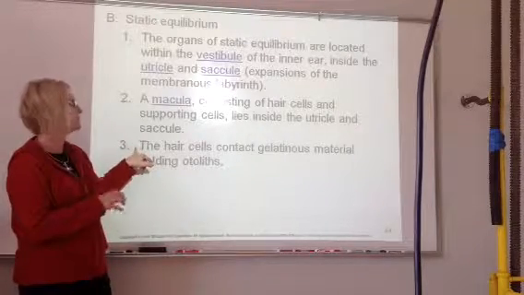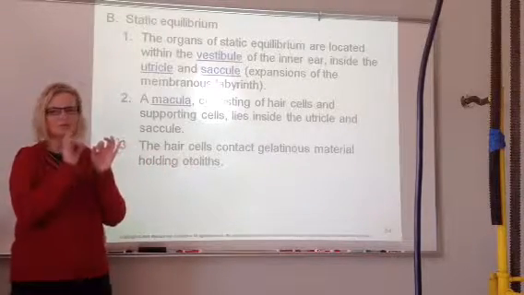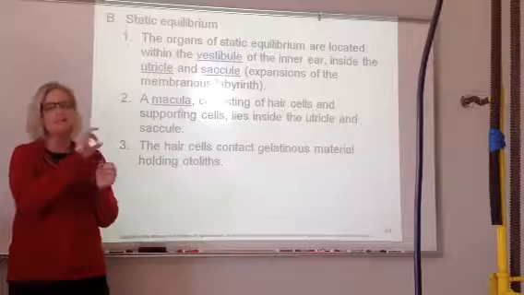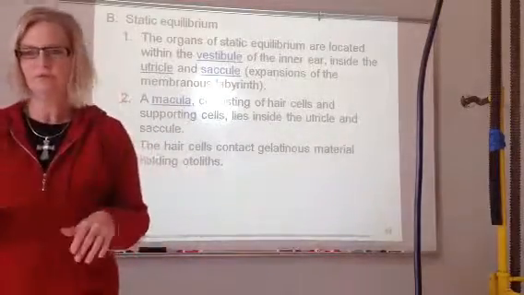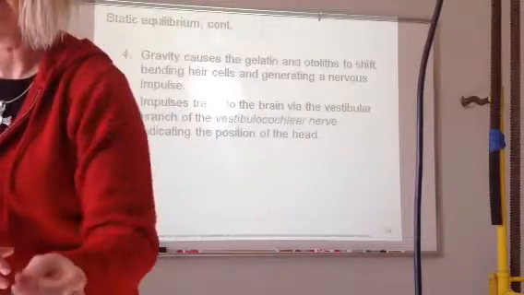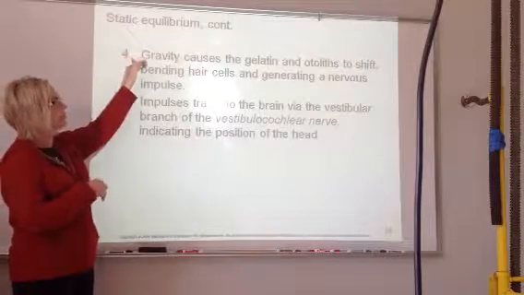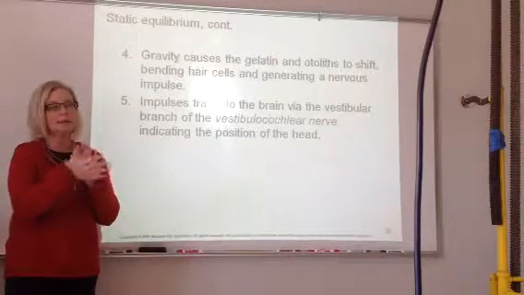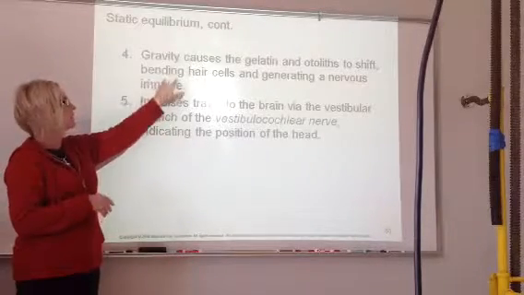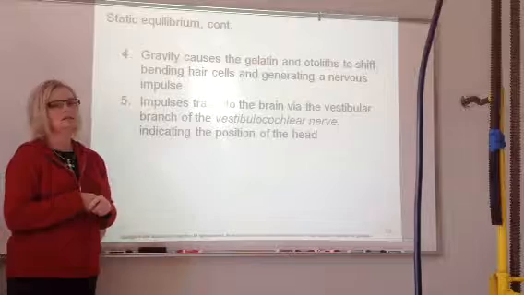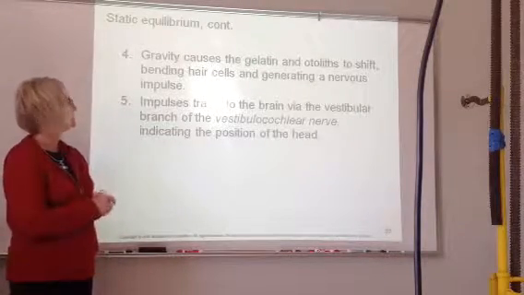The hair cells contain material called otoliths. They're almost like little chunks of gelatinous material that are going to move inside of these cells. Typically, gravity is going to cause this gelatin and the otoliths inside of it to shift, to move, and then when your hair cells bend, that bending generates a nerve impulse that will be sent away.